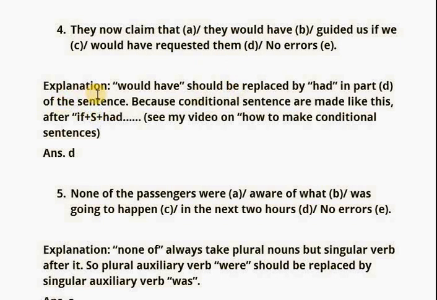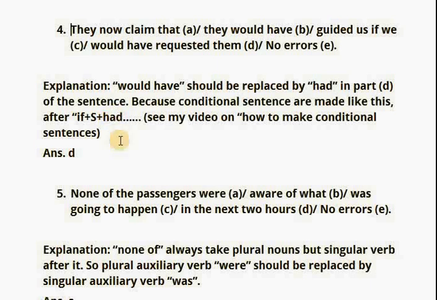You can see the explanation as well. Would have should be replaced by had in part D of the sentence, because conditional sentences are made like this: after if, subject plus had, and then there can be been and other helping verbs can be added with that.